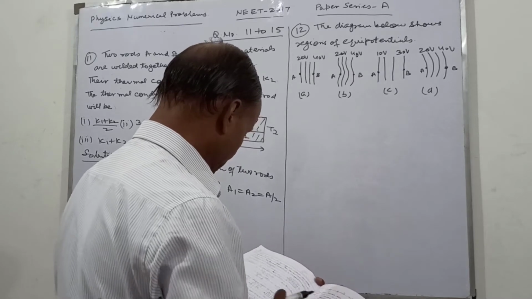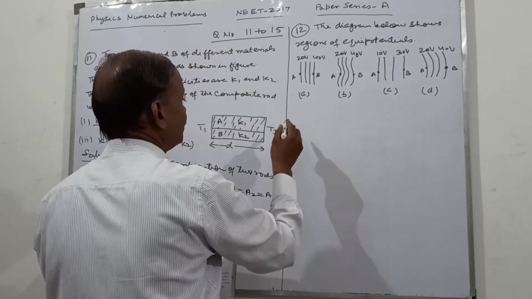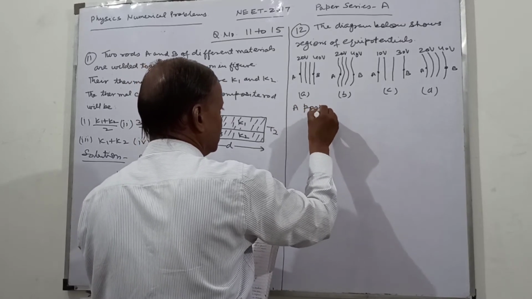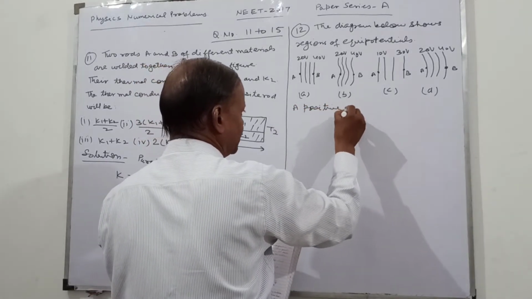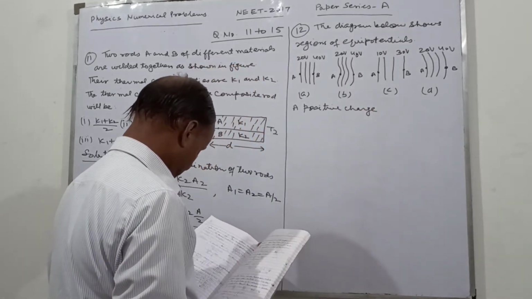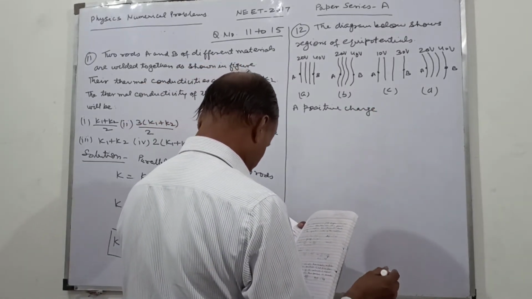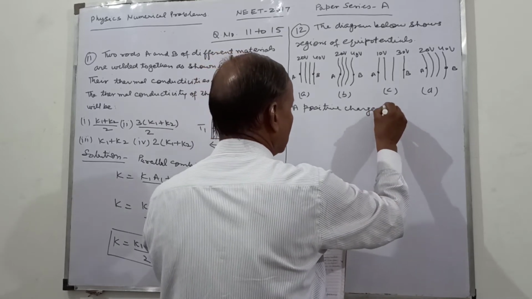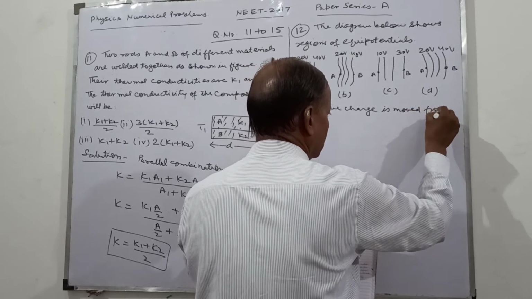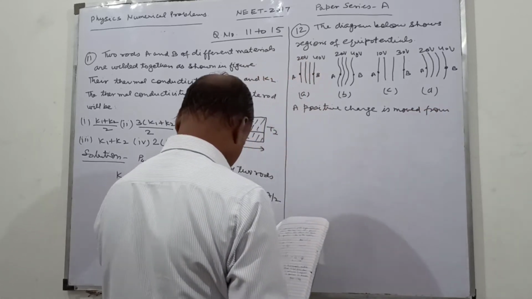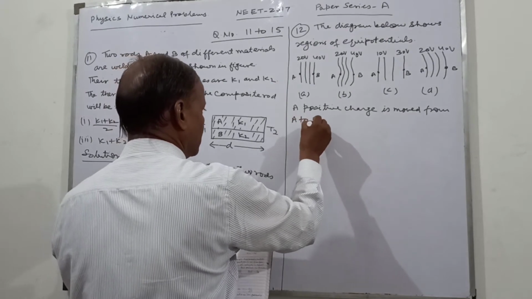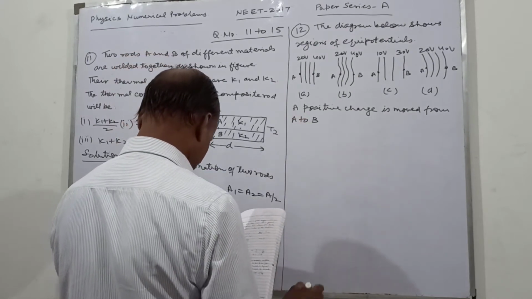A positive charge Q is moved from A to B in each diagram.